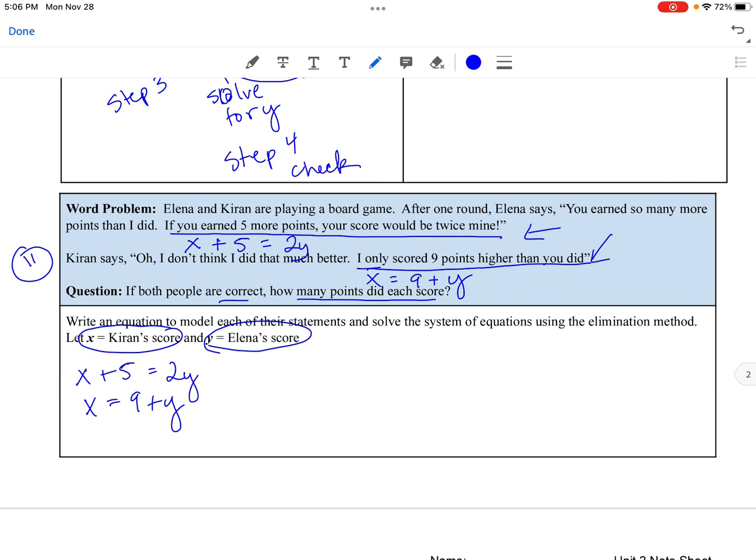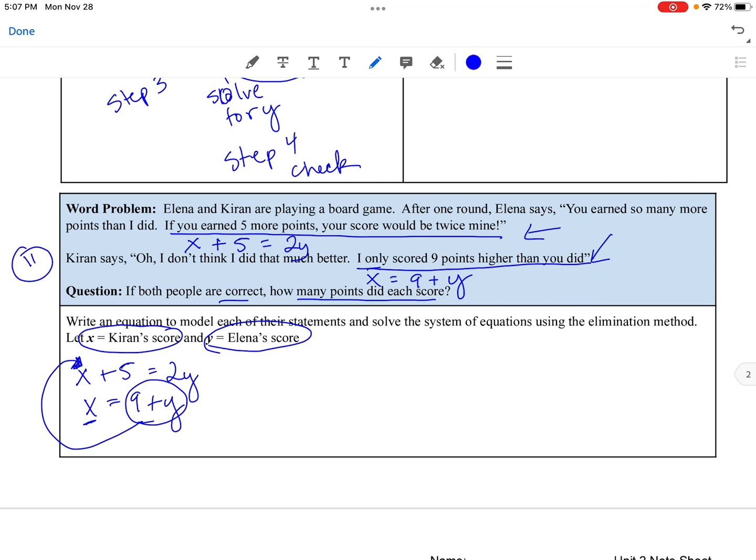And we could solve it by graphing, we could solve it by substitution, or we could solve it by elimination like we've been doing here. Substitution might actually be a really good choice because one of the equations is already solved for a variable. I could substitute 9 plus y in for x and then solve for y.